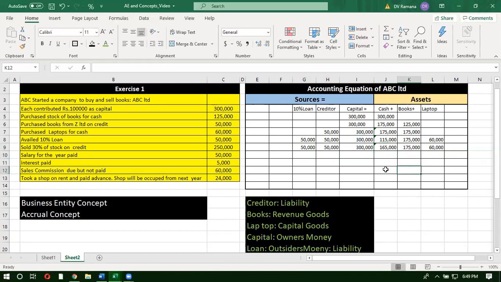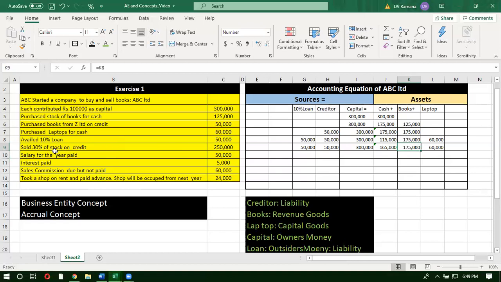So at any point of time, the accounting equation will be sources equal to assets. Now, observe at this point that the company is having stock of 175,000 and they're selling 30% of the stock on credit for 250,000.